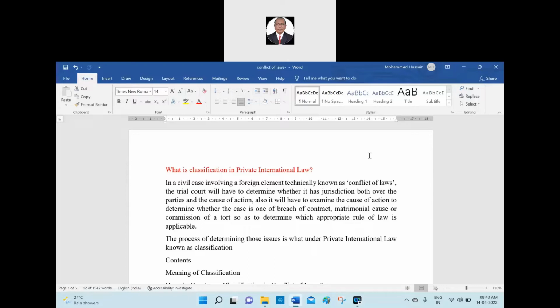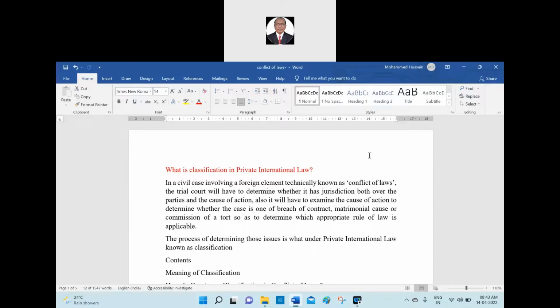So without wasting much time, let me pounce upon the subject. What is classification of private international law? I repeat, what is classification in private international law?